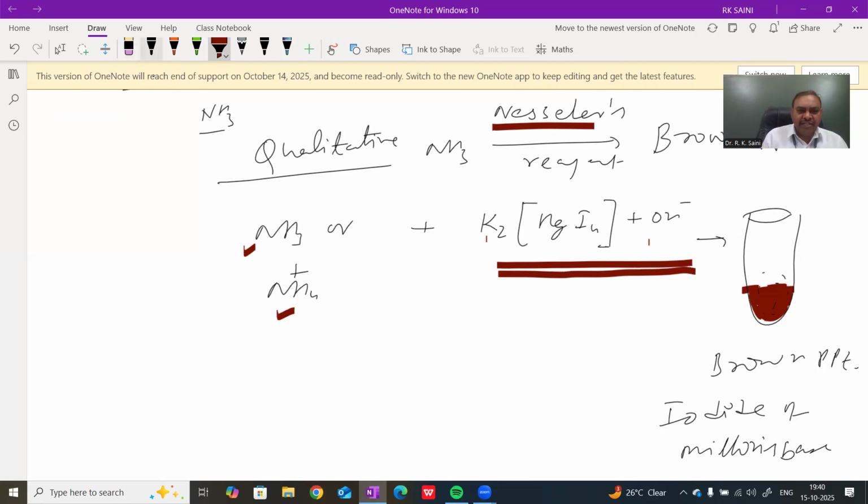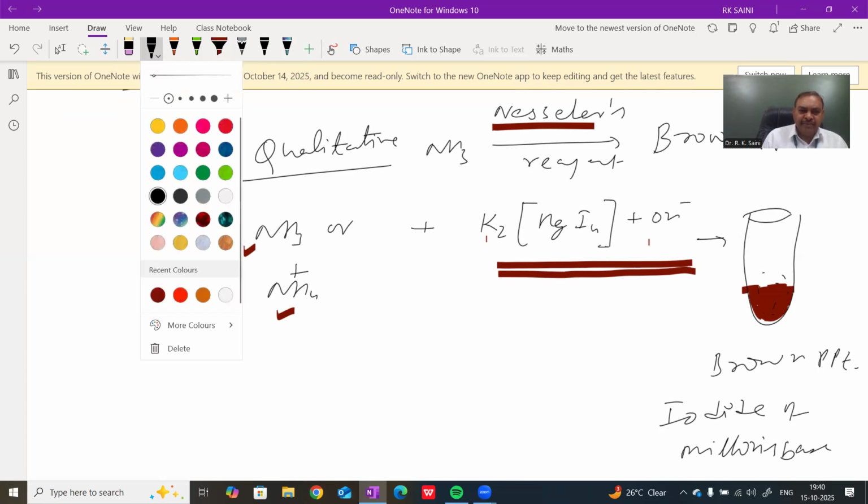And in quantitative estimation, this ammonia is treated with a standard solution of acid.